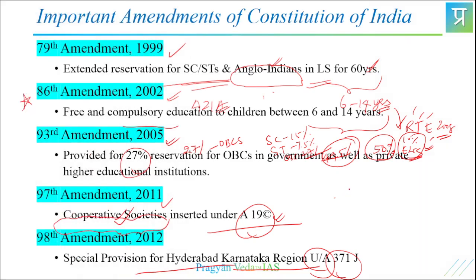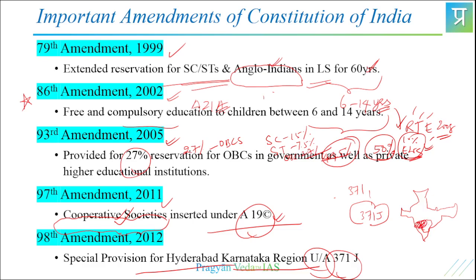Starting with Nagaland 371, and it goes till 371J, especially the region of Hyderabad Karnataka, because the Nizams were ruling the Hyderabad region, and under Operation Polo they were made to leave this place.